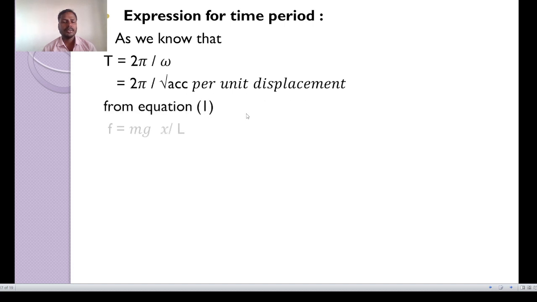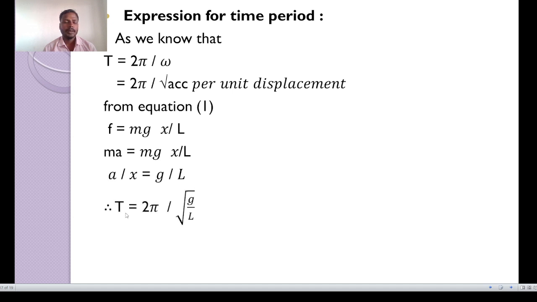From equation 1, we can write F is equal to mg x divided by L. We know that force is equal to mass into acceleration, so ma is equal to mg x divided by L. The m gets cancelled, and shifting x to the left-hand side, we can write a divided by x is equal to g divided by L. Here a divided by x is nothing but the acceleration per unit displacement.